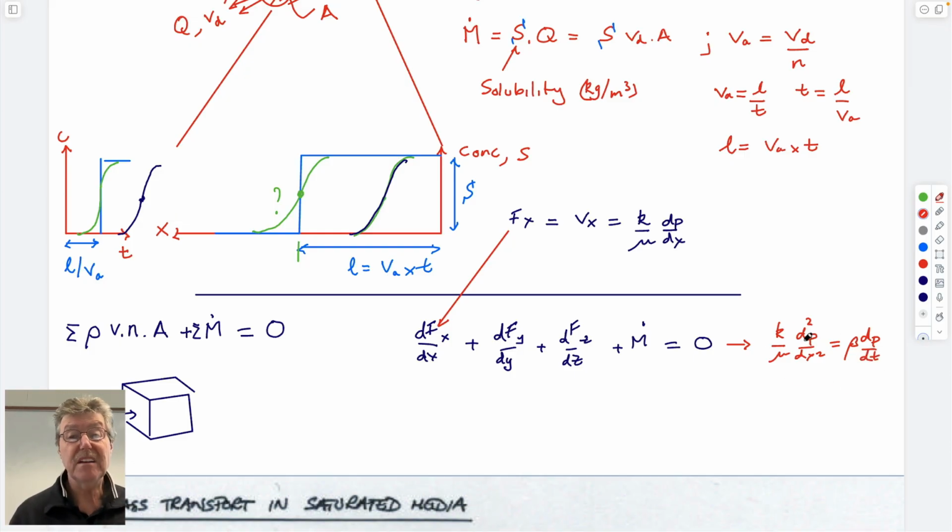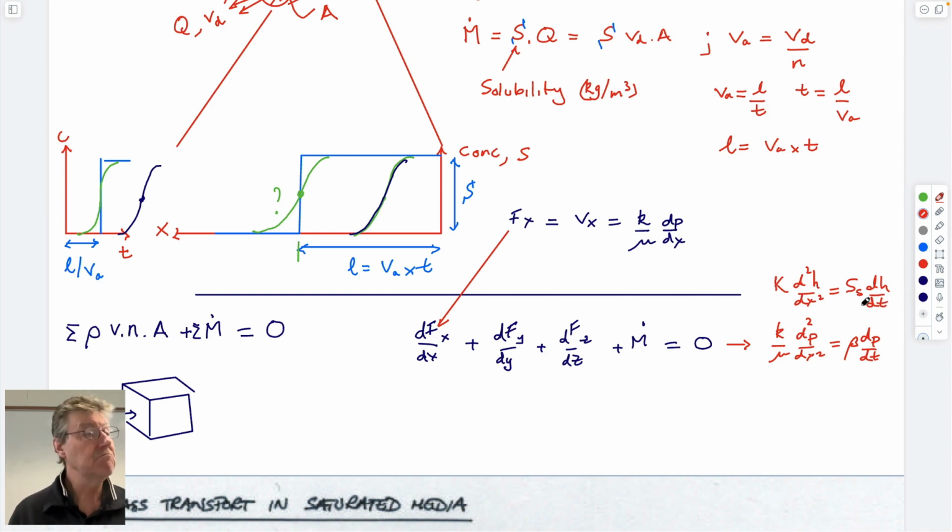So this is a bit like the groundwater flow equation in Byron's class, or in Rachel Houseco's class. It would be something like d2h/dx squared equals specific storage times rate of change of head with time.